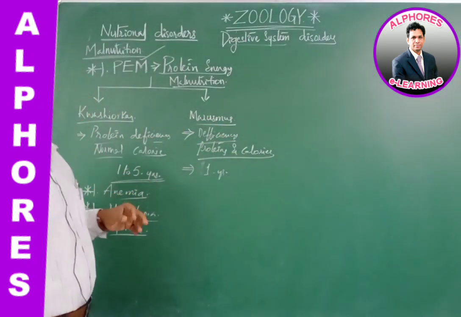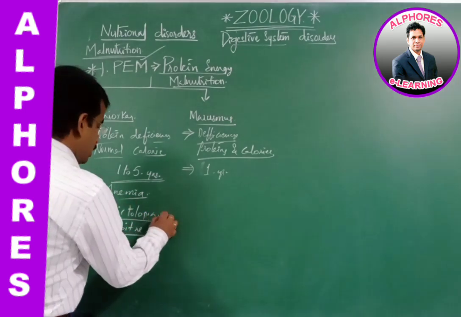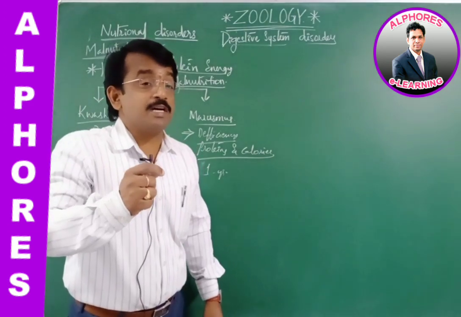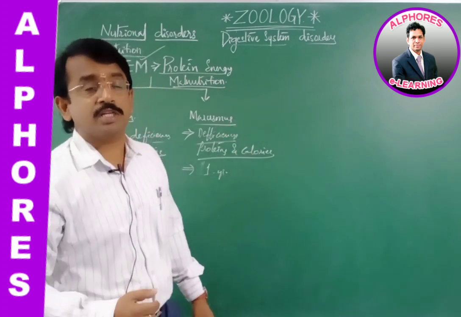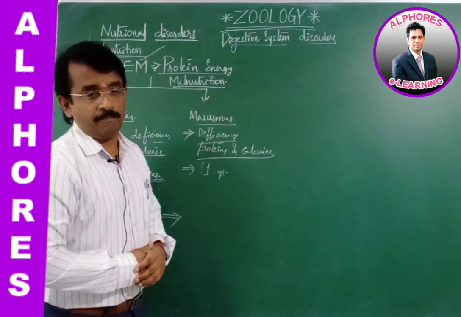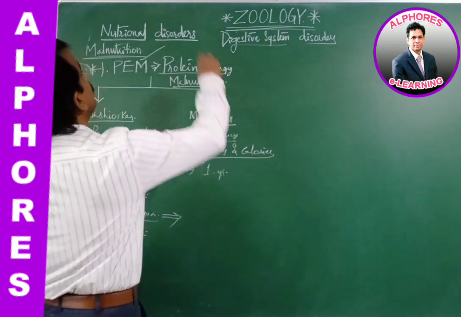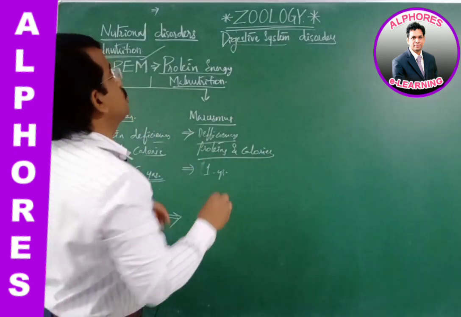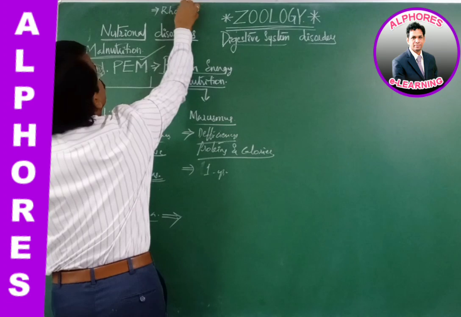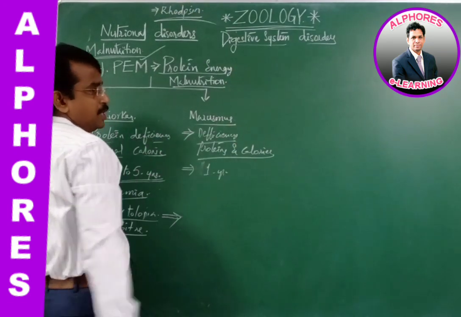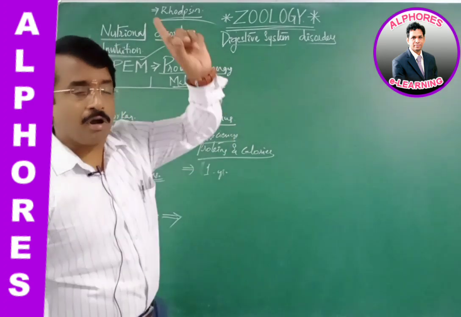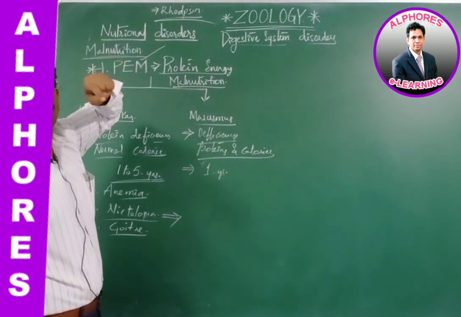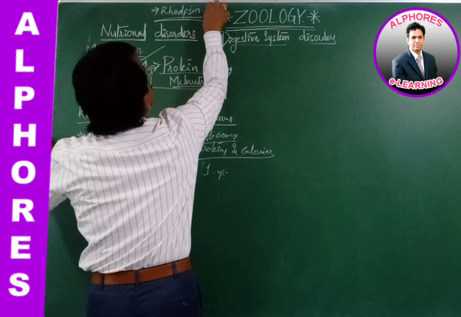What leads to anemia? Next, nyctalopia and xerophthalmia. Nyctalopia means deficiency of vitamin A results in night blindness. Generally, vitamin A is retinol, which synthesizes a substance called rhodopsin. In our eyes, there are two types of cells, cone cells and rod cells. Rod cells synthesize rhodopsin, which is for dim light vision.